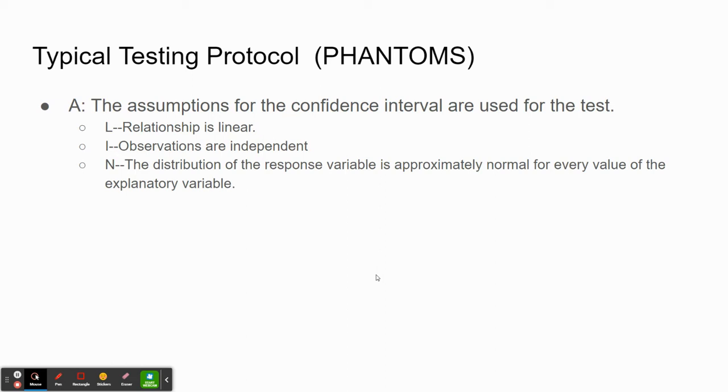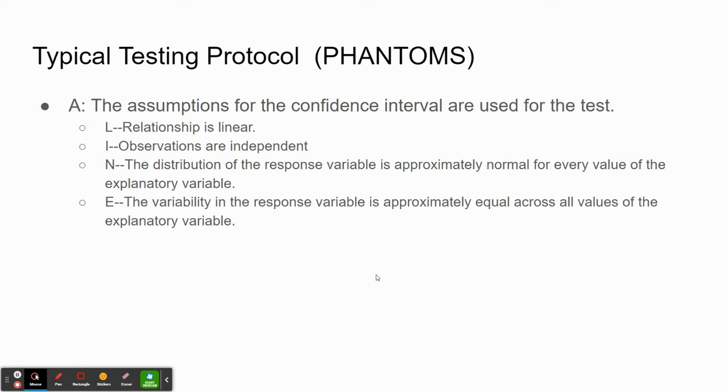But we don't want to test every value of the explanatory variable, every x value, gather all the y's together and see if they make a normal distribution. So what we do instead is we look at the residuals.